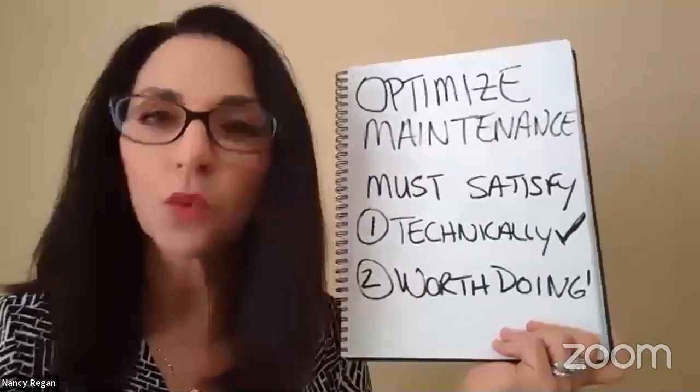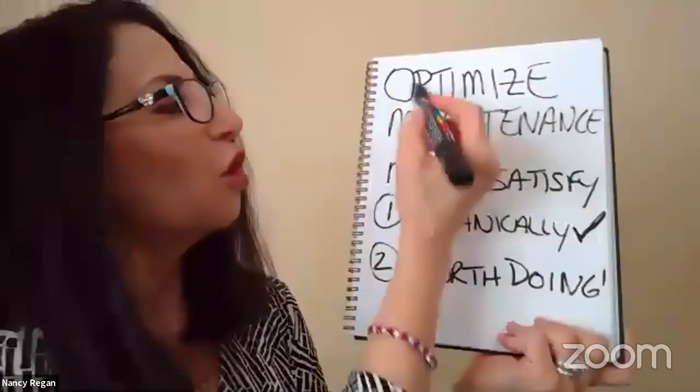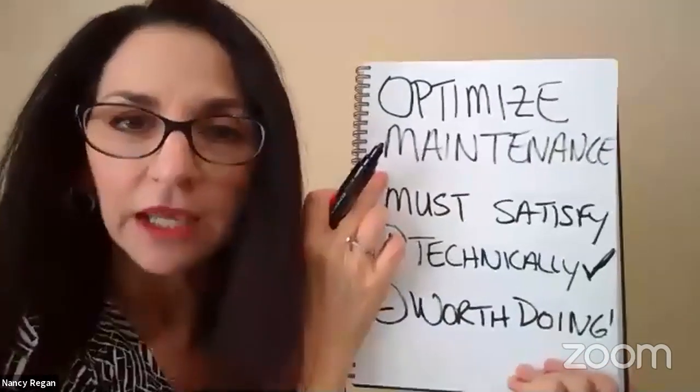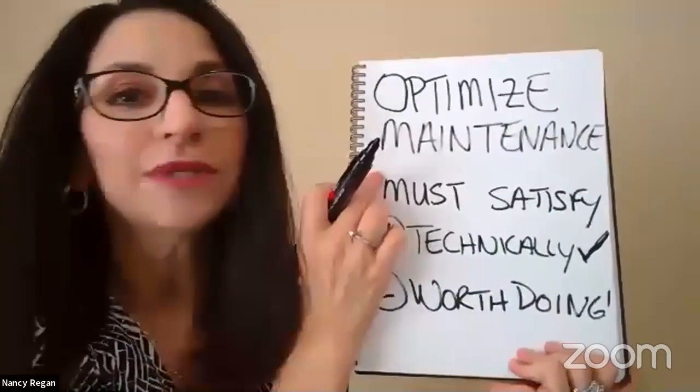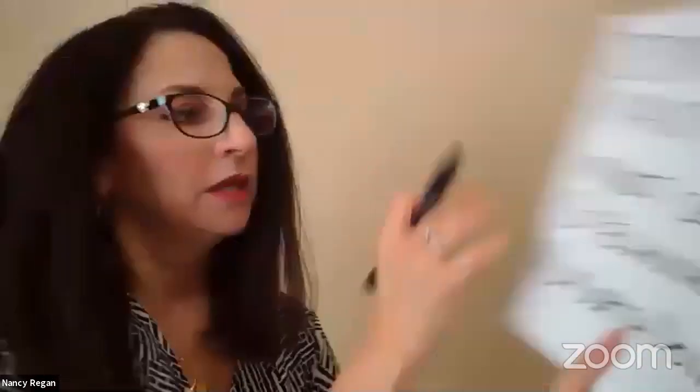It's obviously worth doing. See, that's the thing about reliability-centered maintenance. You're already doing FMEA, you're already doing CBM, and you're already optimizing your maintenance. And you're assessing the consequences, because that was one of the questions.